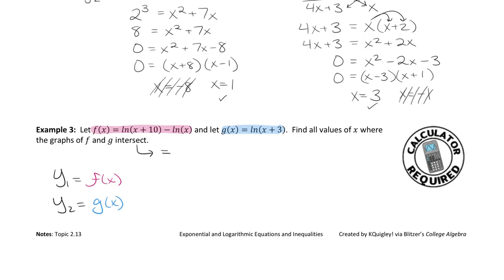I'll give you a pause to type. Go ahead and press y equals on your calculator and type these in. You're going to be looking for the intersection point. If you've forgotten how to find the intersection point, once you can see it on your graph, I'm going to write it on my paper just so you can look up and see it.